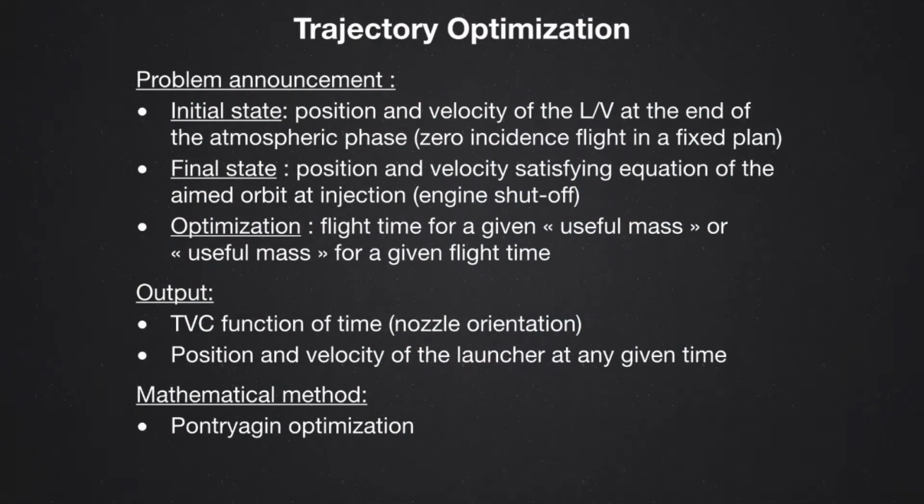So let's get through the trajectory optimization process, so that we can really understand what it means to optimize a trajectory. Like any other optimization process, you need to have an initial state, a final state, an optimization criteria, and then you need to have an output. So the initial state is basically the position and velocity of the launcher at the end of the atmospheric phase.